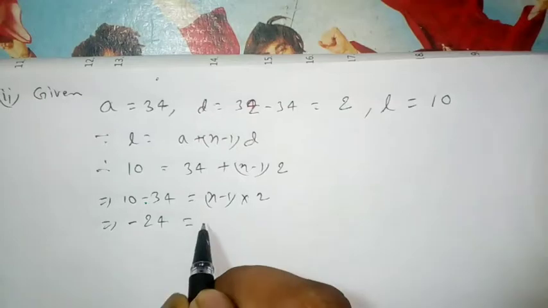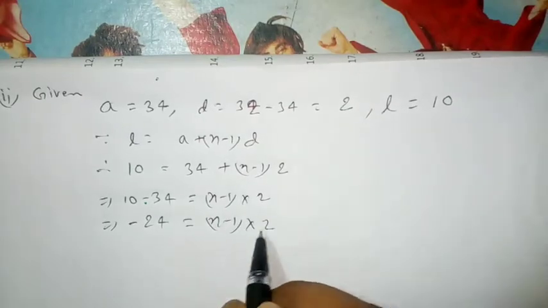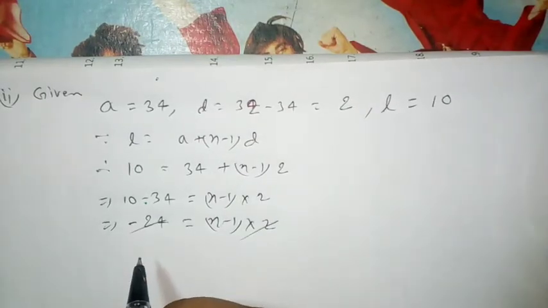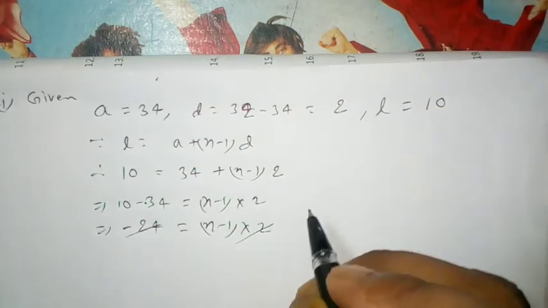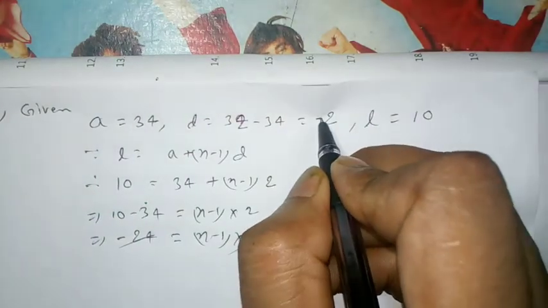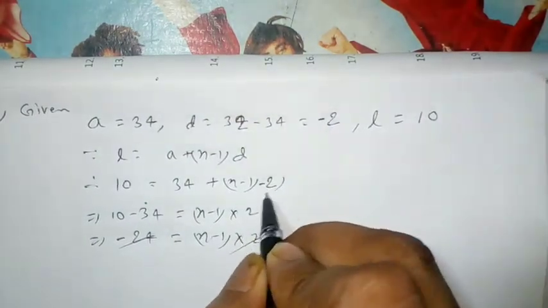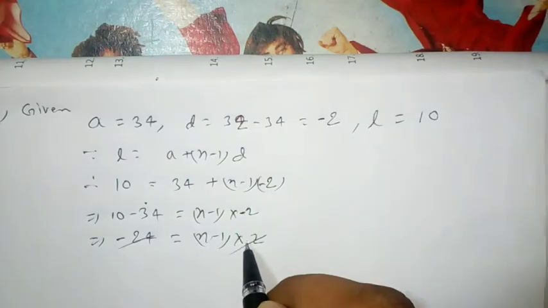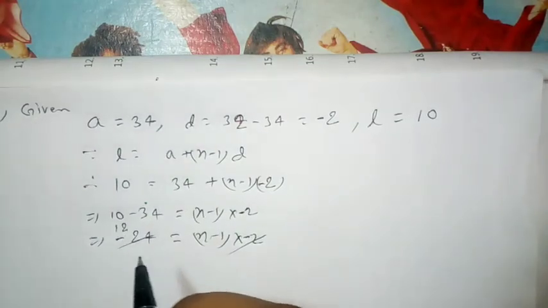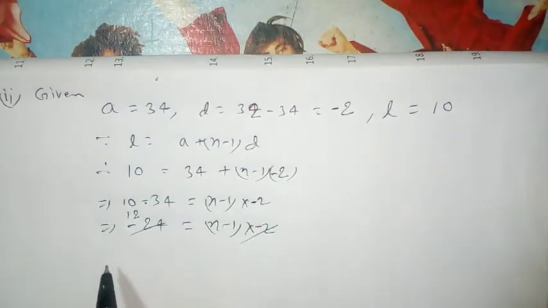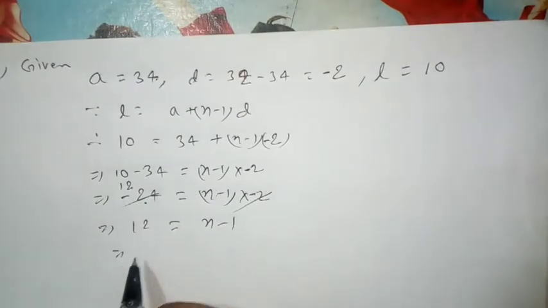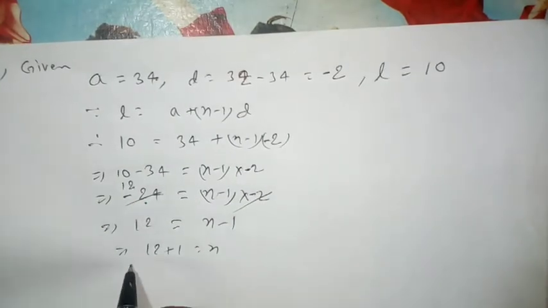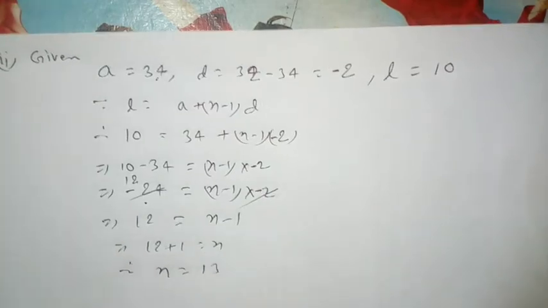Minus 24 is equal to n minus 1 into minus 2. Sorry, this is minus 2. 2 12 are 24, cancel, implies 12 is equal to n minus 1, implies 12 plus 1 is equal to n, therefore n is equal to 13.